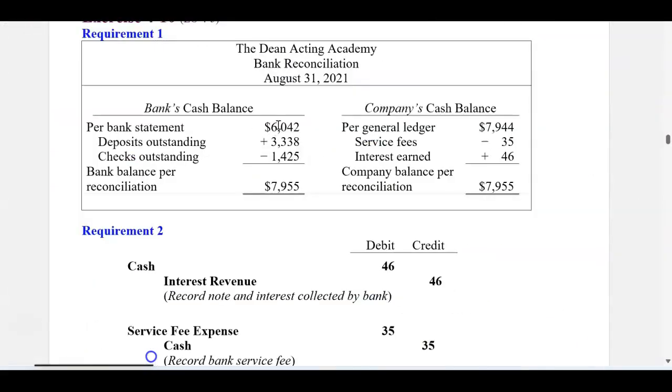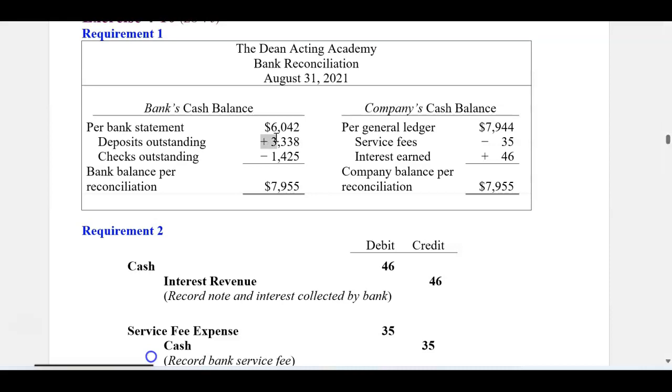Now the bank statement says that you have $6,042, but your book statement says no, you have $7,944. But we know there is a deposit outstanding: we did the deposit, we did the recording, but the bank is not showing it because it was on the last day of the month after hours.